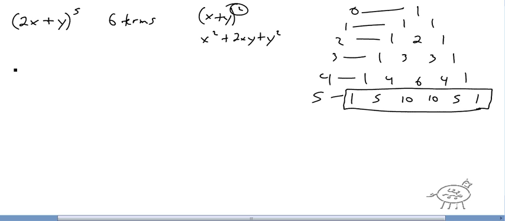It's coefficient of 1, so this is going to be a little bit of writing here. So it's 1 times 2x to the 5th. It's the first term to the biggest power, y to the 0.